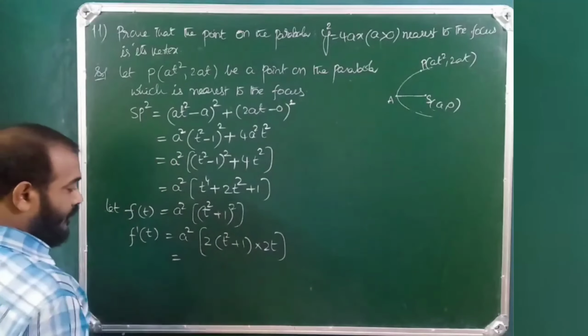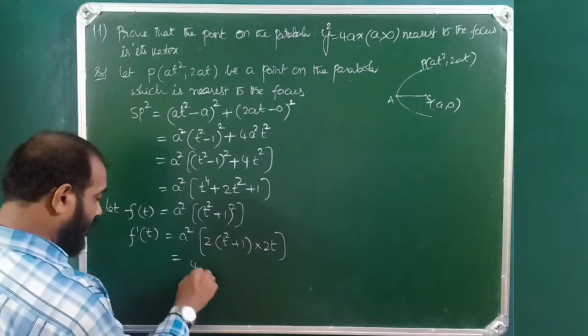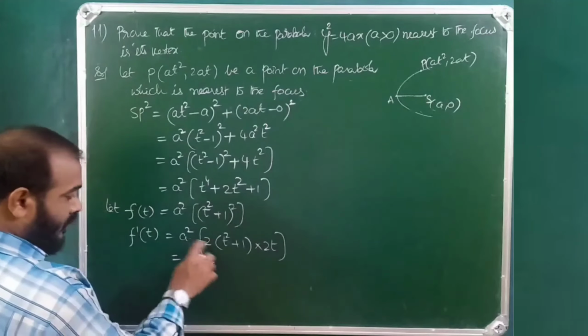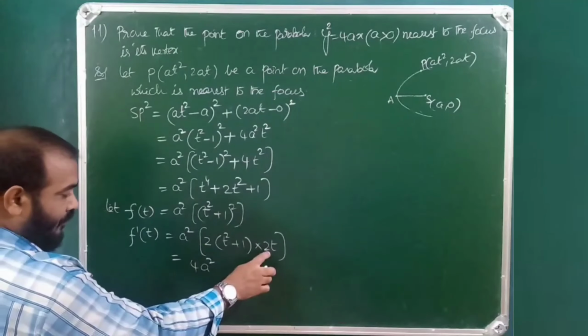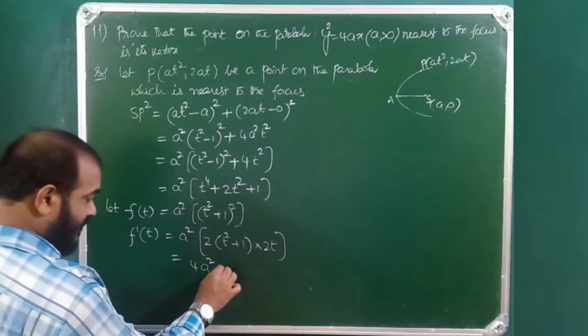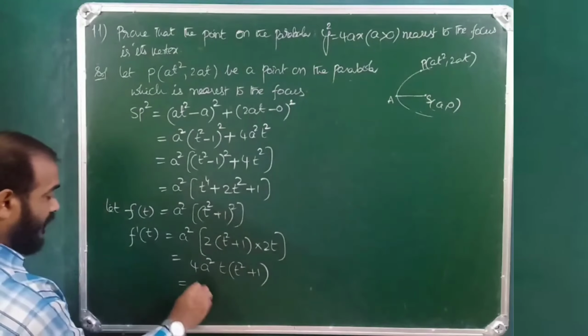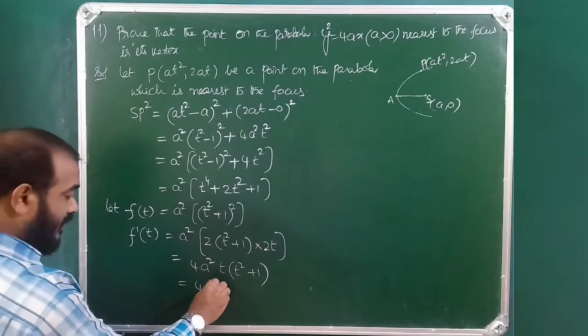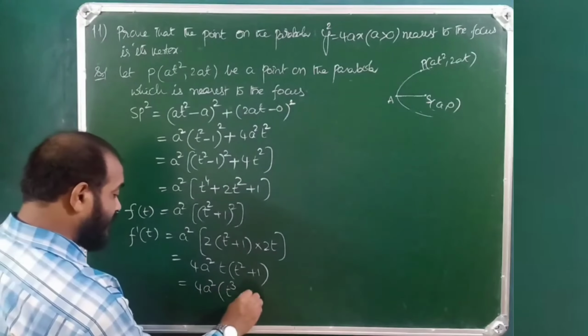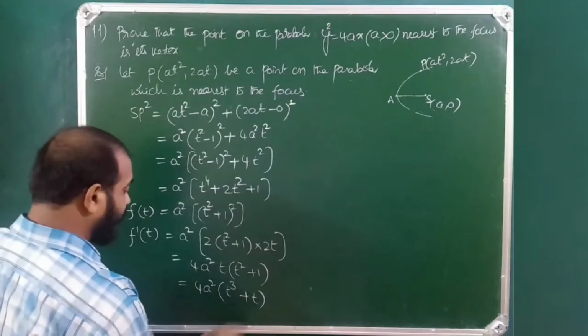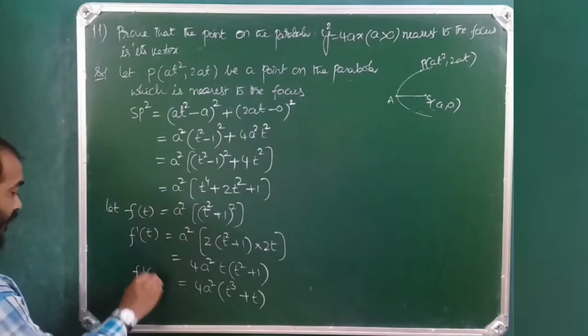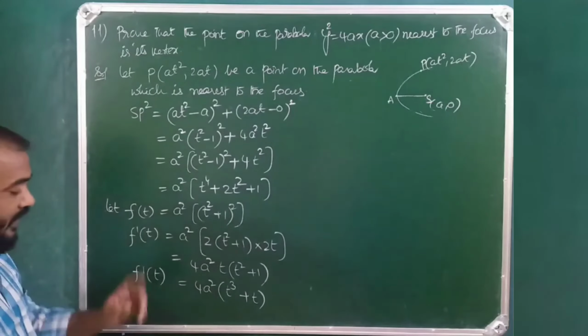This is equals to 2 2s are 4a square into t into t square plus 1. Otherwise this is 4a square into t cube plus t. This is f dash t.